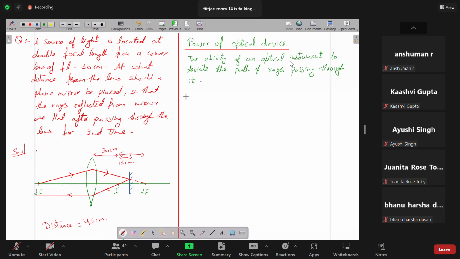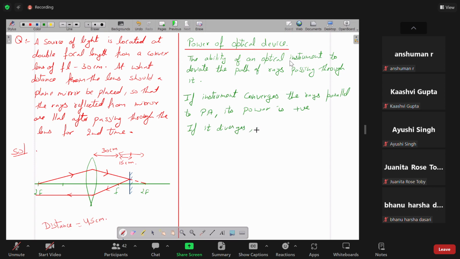So if the instrument converges the rays parallel to the principal axis, its power is positive, and if it diverges, its power is negative.